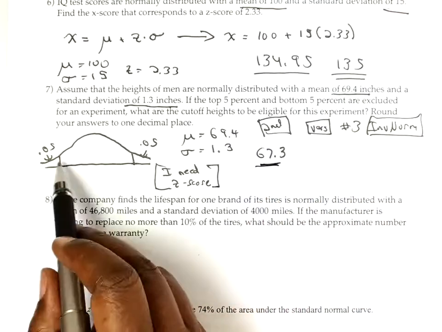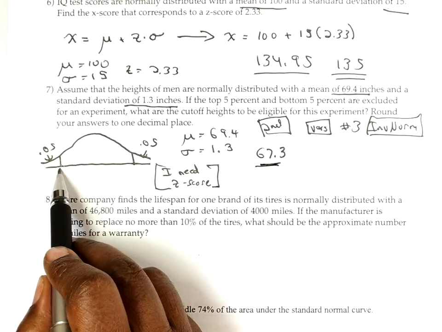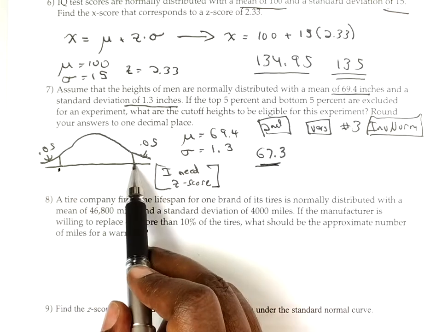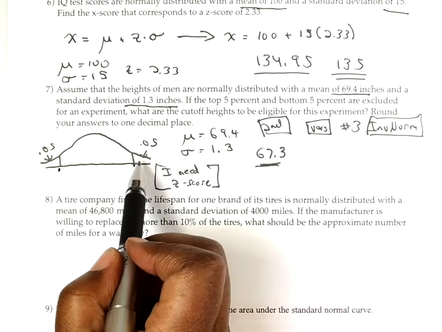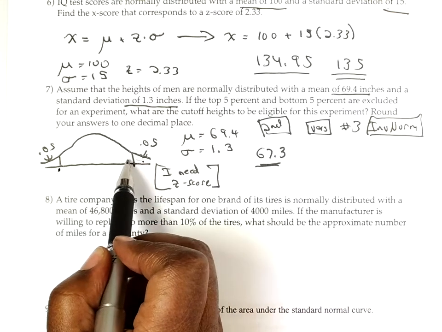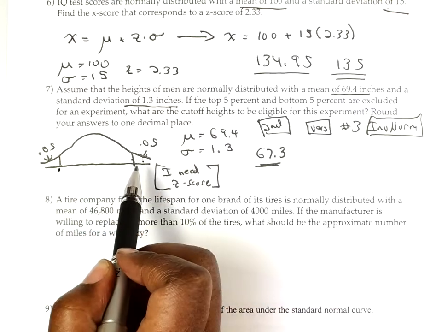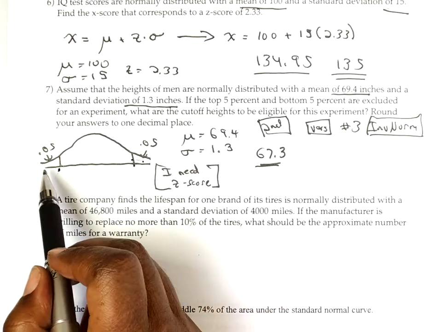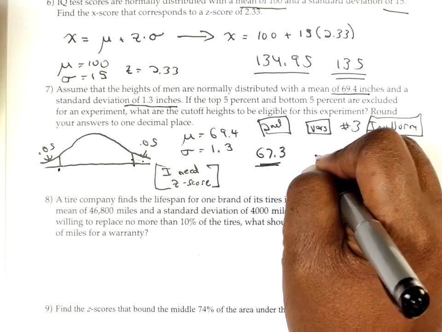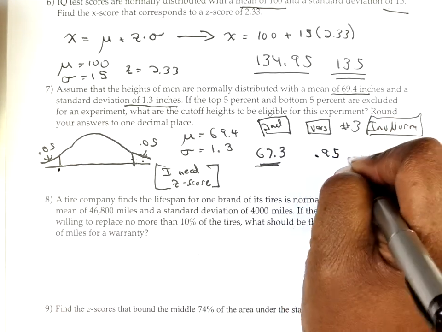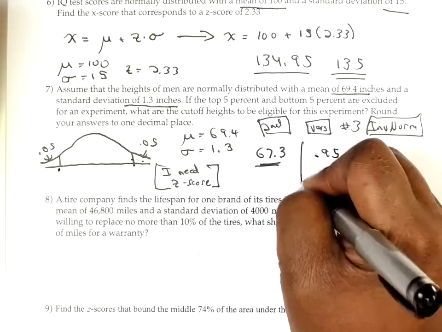So this height associated over here is 67.3, and now I need to know what this height is. And again, I can kind of skip over finding the Z score. I can go right to the height. If this area is 0.05, then because this whole thing has to add up to 1, the area to the left is 0.95. So this time when I plug in, I'm going to use the area of 0.95, and it's still going to be to the left.